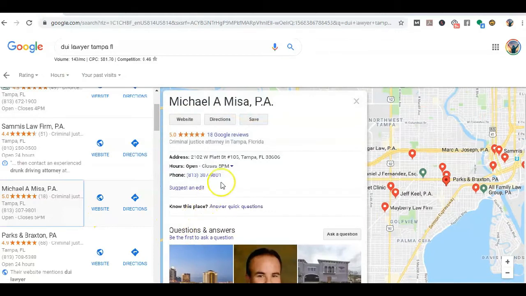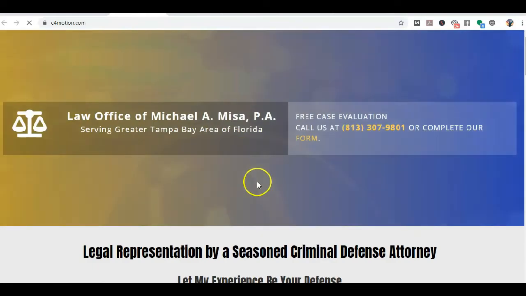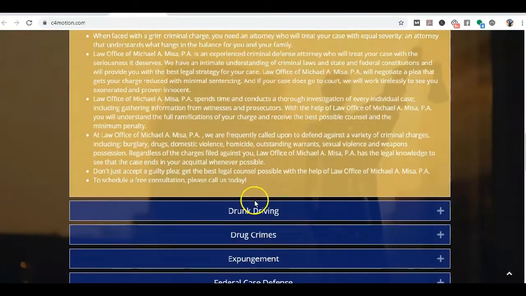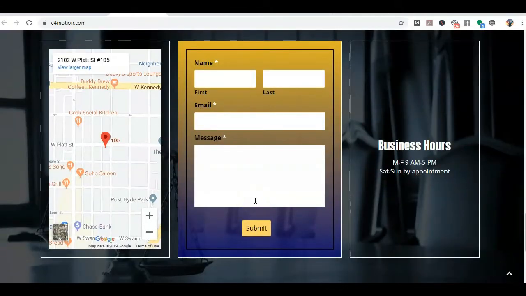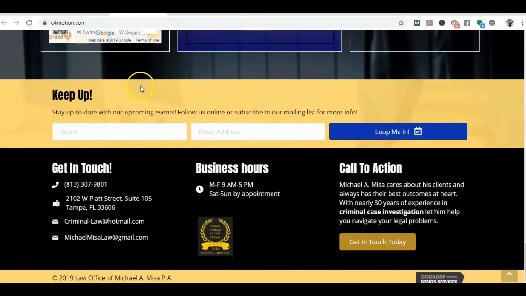Let's take a couple of other examples. Let's take this guy. He says W Platt Street, suite number 105. Let's take his website. Let's see how that is. If we go all the way to the bottom, hopefully he has it. Yep, see, he's got this exact same thing. Hash 105. He did not say SUITE or STE.